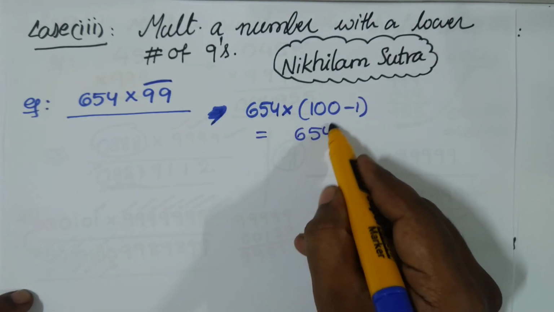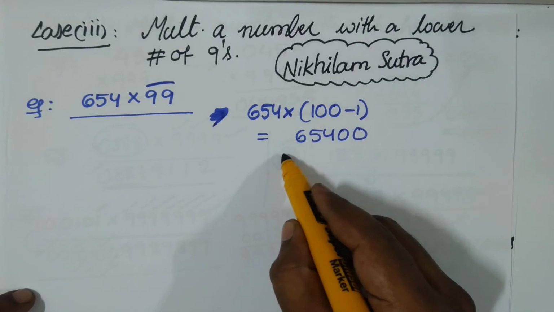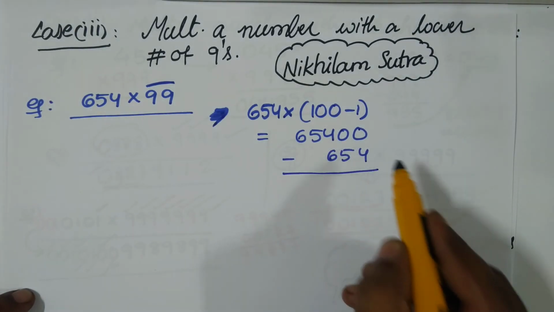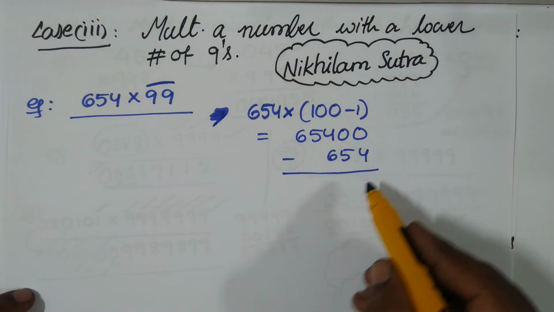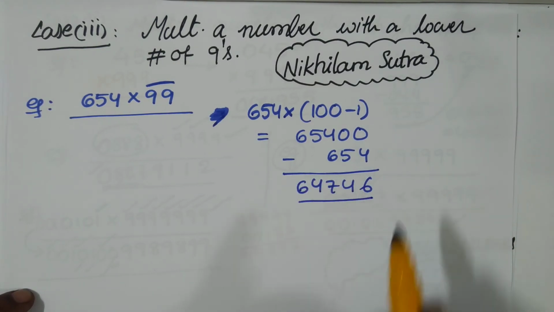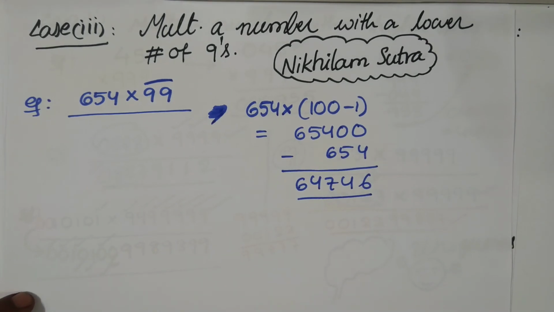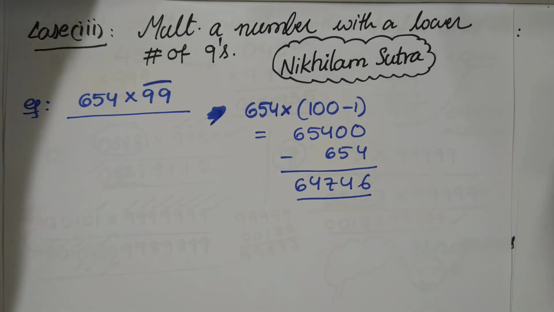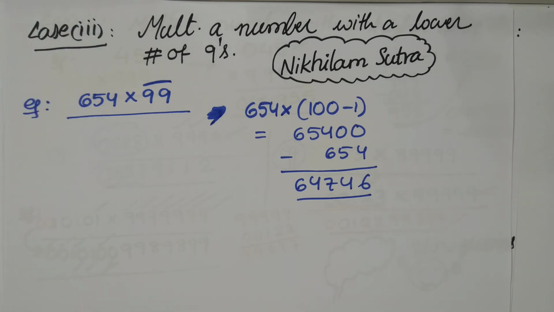So you have 65400 minus 654. You subtract this and you get 64746. That's it. Anyways, we will exercise the Nikilam Sutra very soon, but for now we take this as granted.